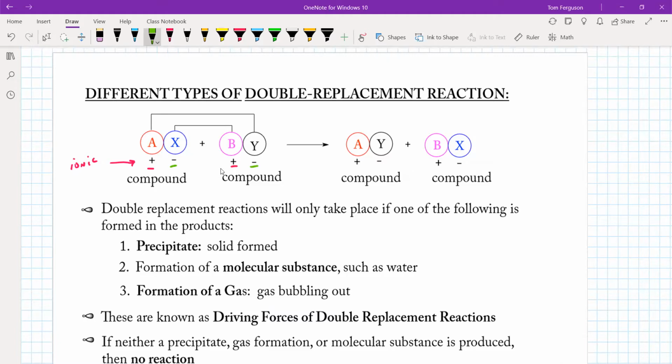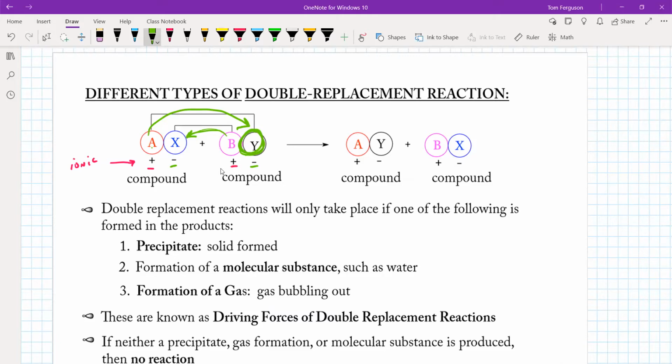Now what's going to happen is these guys are going to swap their anions. So the original A stays here, but we get the other compound's anion. So instead of AX, it becomes AY. The B gets the original's anion, so it becomes BX. So these guys swap out. Okay.